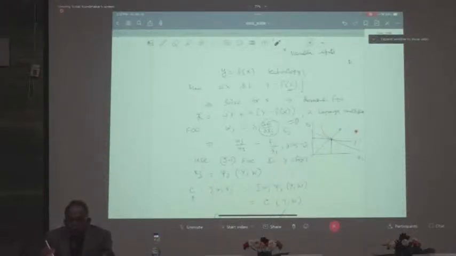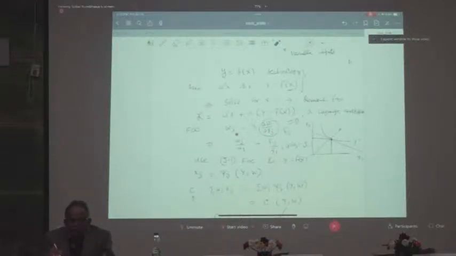Okay. And then again, you just look at the first order condition. So what is happening is the ratio of input prices is the ratio of the marginal products, and that is given by the point of tangency. So the slope of this is the ratio of the marginal products, and then from the cost function, you get the ratio of input prices.